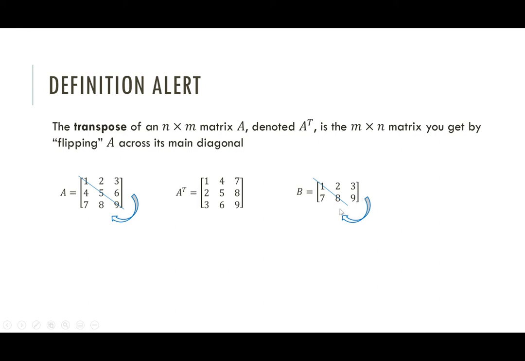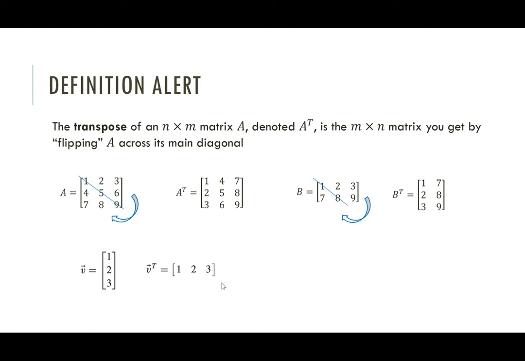So we get a matrix that has 3 rows and 2 columns instead of 2 rows and 3 columns. That will be the transpose. We can even do this with vectors. You've got some column vector 1, 2, 3. Take its transpose, and it's the row vector 1, 2, 3.